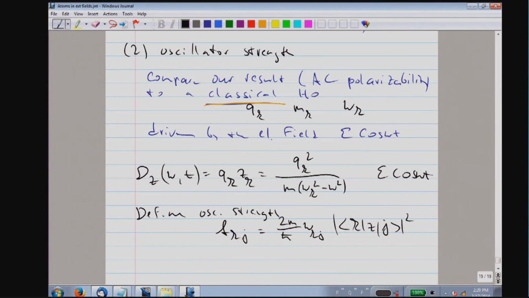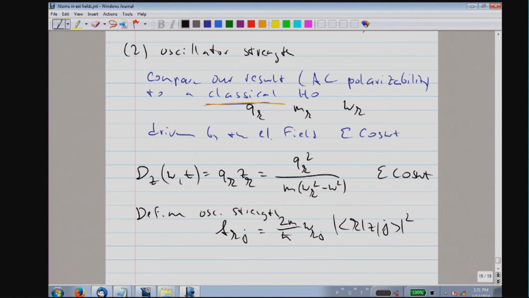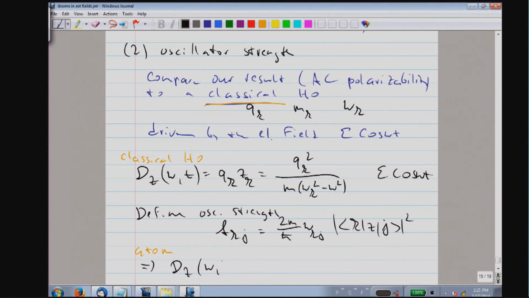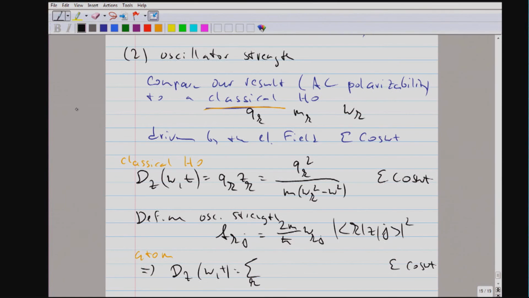The atomic, let me just make sure we take care of it. This is the result for the classical harmonic oscillator, and this is now the result for the atom that we have found already before, and now I'm rewriting it simply by expressing the matrix element squared by the oscillator strength.